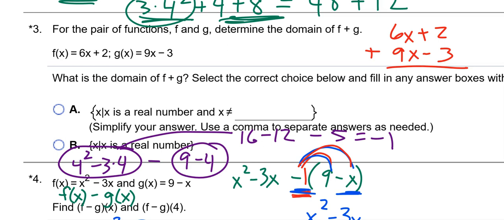How many? 15. Perfect. 15x minus how much? Minus 1.